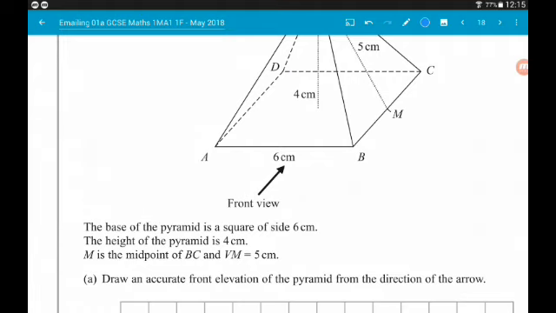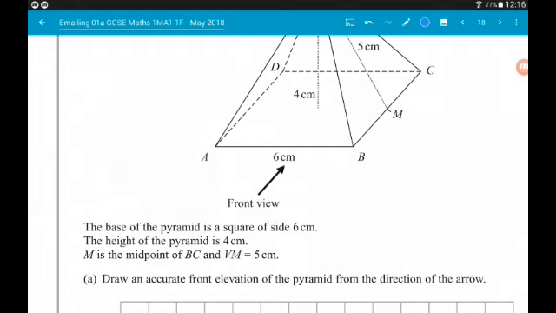And we've also got this point M, which is the midpoint of BC, and the length VM is 5 centimeters. So that means the length from the tip of the pyramid going diagonally down to the middle of the edge of the base is 5 centimeters.